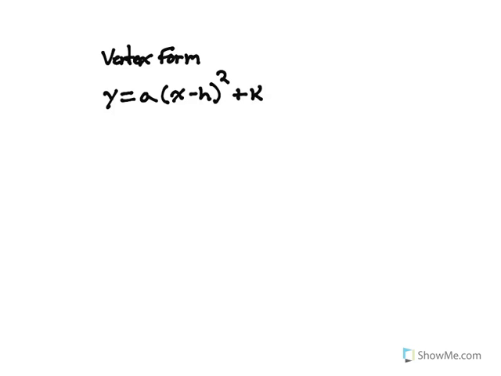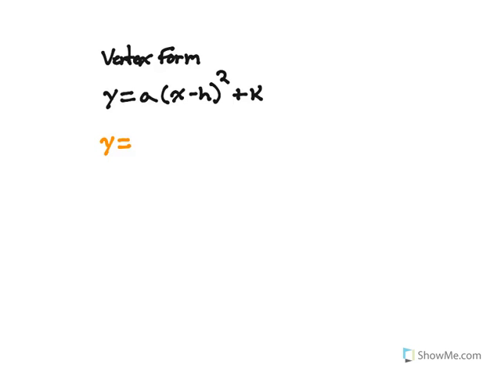Okay, so remember, this is in vertex form, right? A times x minus h squared plus k, and now what I want to do is provide an example.